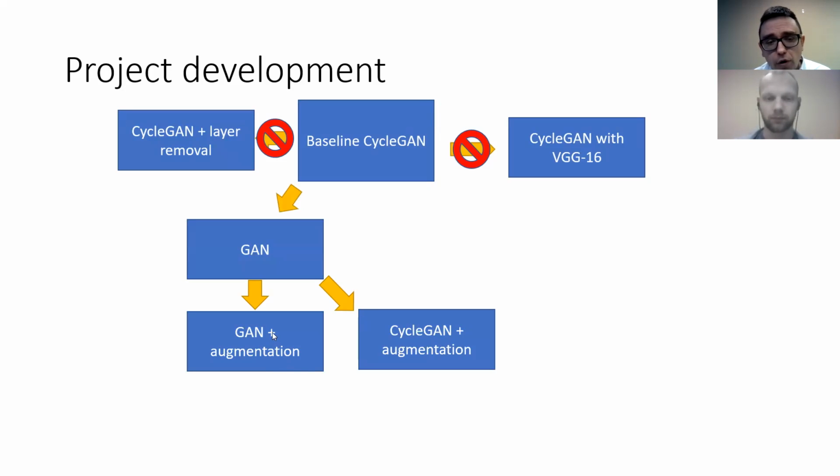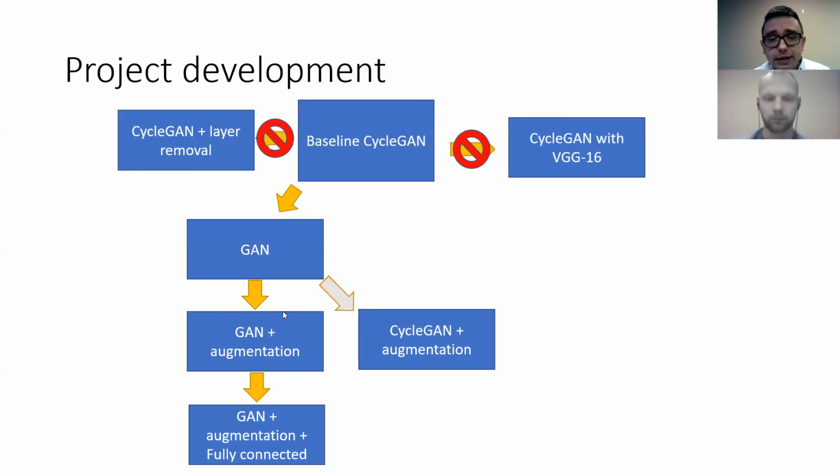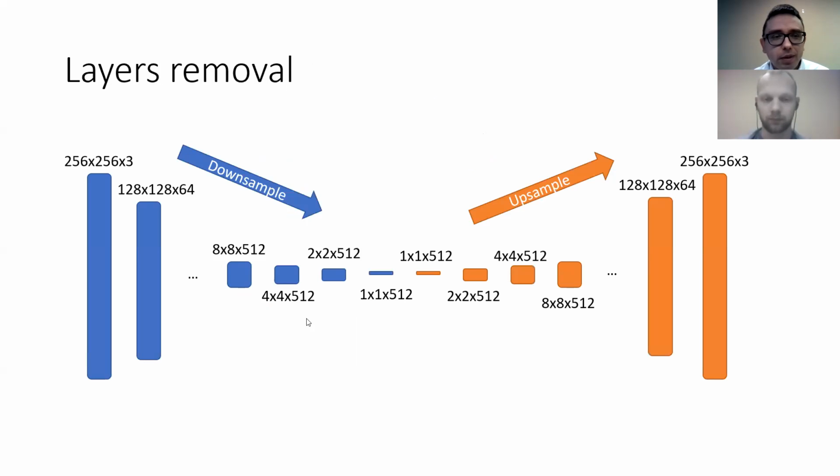Then we decided to stop at just GAN with augmentation and improve it further, incorporating the idea from one of the papers. The idea was to implement fully connected layers next to the bottleneck in the generator. And that's our final model we're going to discuss.